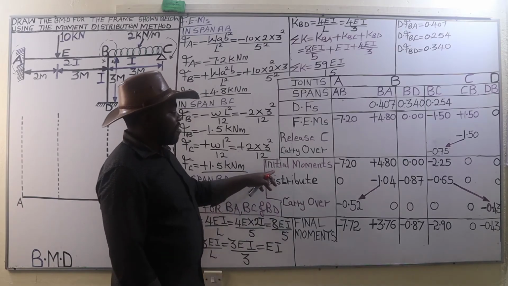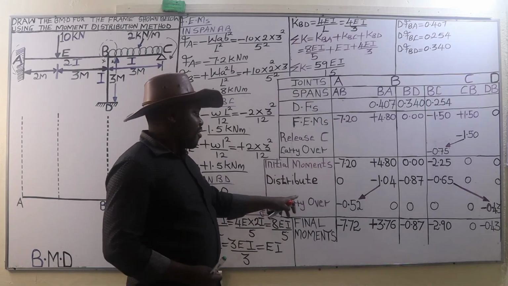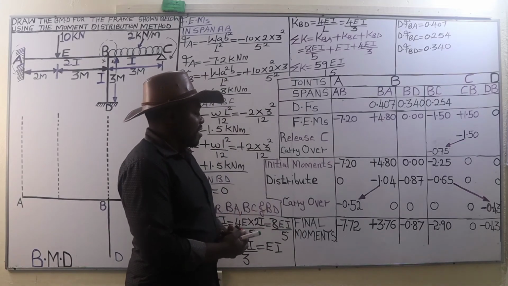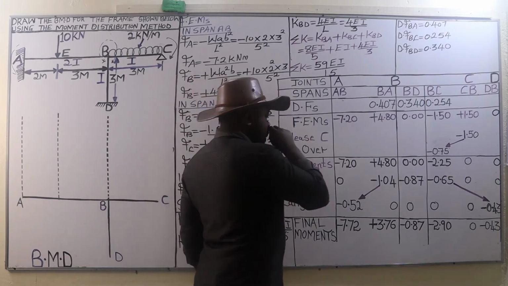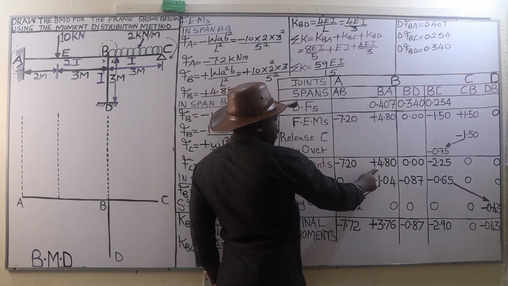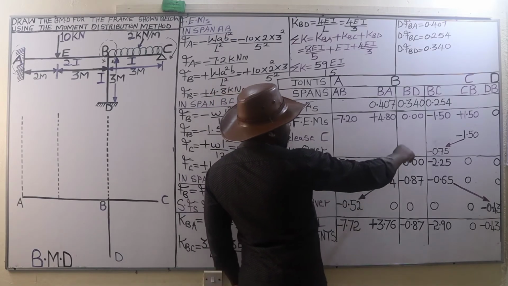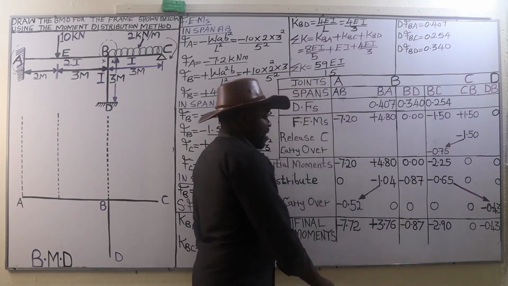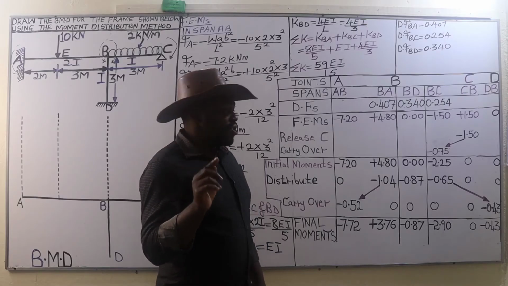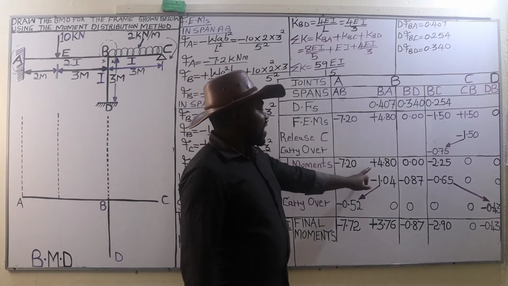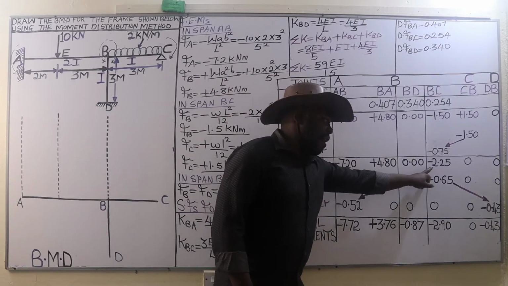After writing the initial moments, it will automatically be followed by distributing. Now, remember, when we are distributing, for us to get the excess moment, we usually change the signs of our moments.